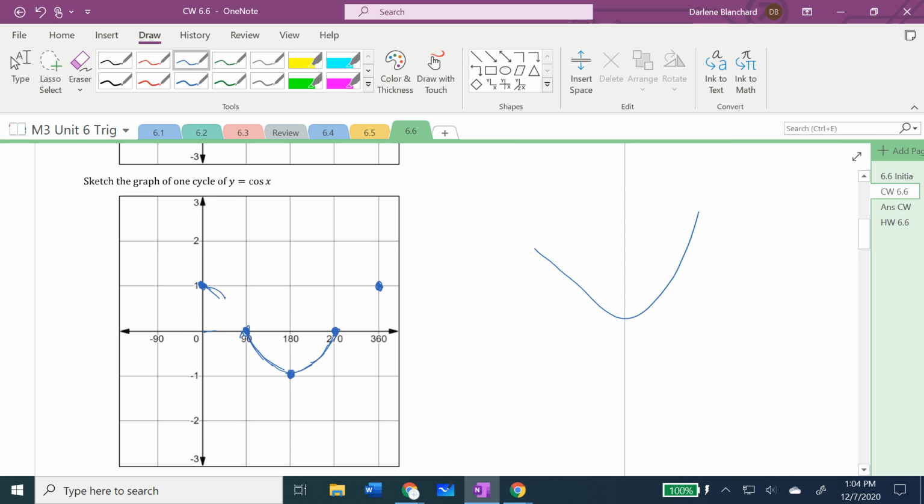So this arch needs to go the other direction. And again, spilling your cereal, this arch needs to go the other direction. And I could continue the graph over to -90, and I can see the full cereal spilling.